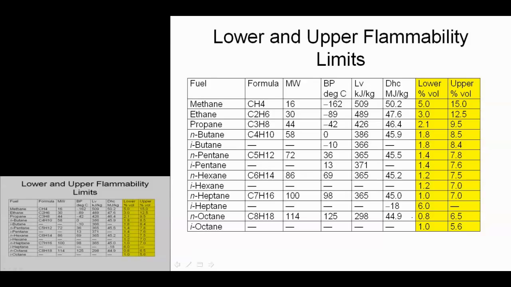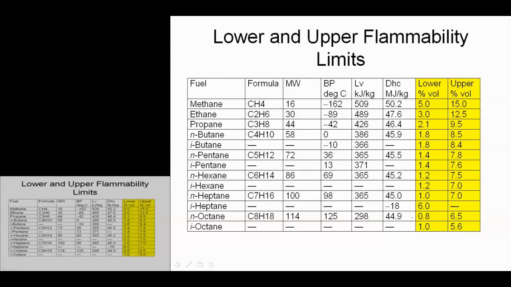As we look at our lower and upper flammability limits for a range of fuels, we see that, again, methane, ethane, propane, we're all talking about 5, 3, 2%, where things are a little bit wider in terms of flammability limits. I don't have it here.